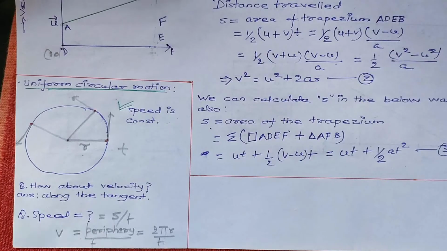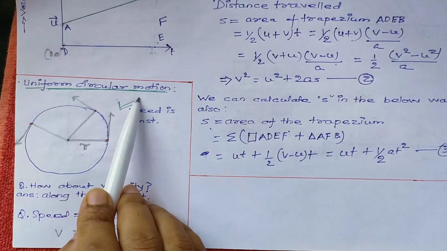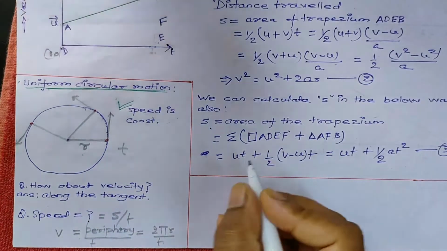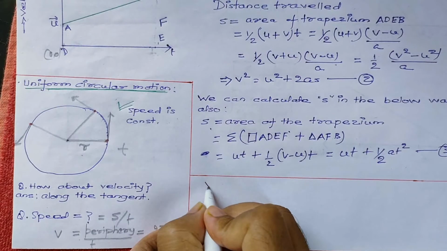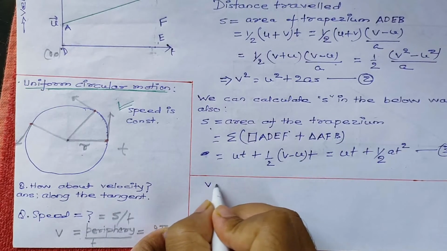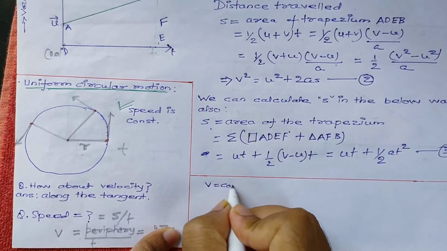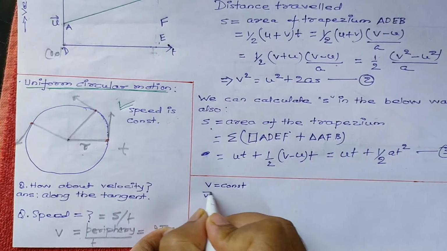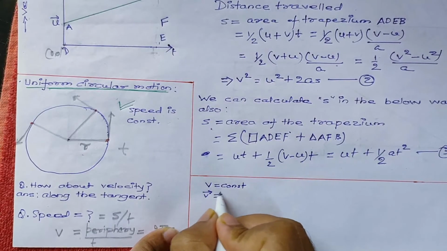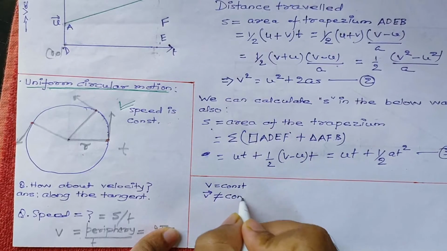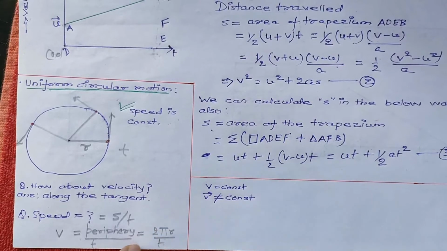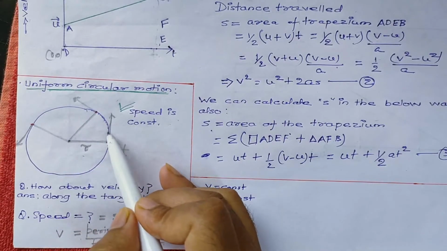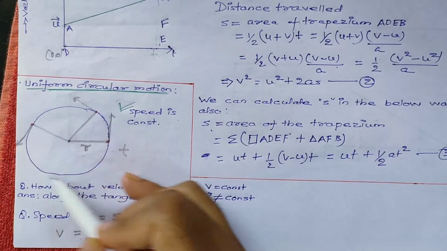Fine. In uniform circular motion, till now we studied that speed is constant. Let us denote it by speed. This is constant, but velocity, let us put a vector mark, is not constant. Why? Simply because the direction of velocity at every point of the circular track is along the tangent of the circle.